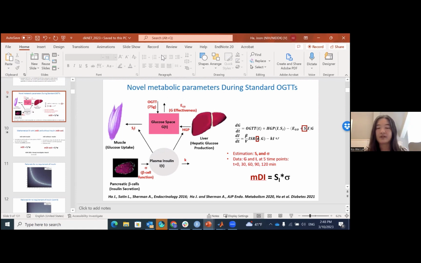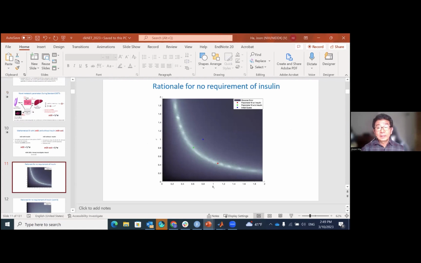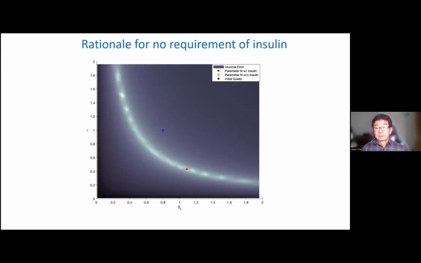And then there is one question from Emily in the chat. You showed a slide with glucose error and 3 points, red, blue, and green. Could you explain more how you were able to get from your initial guess to the blue point? Thank you for the question. As you see, blue is the initial guess of SI and sigma.